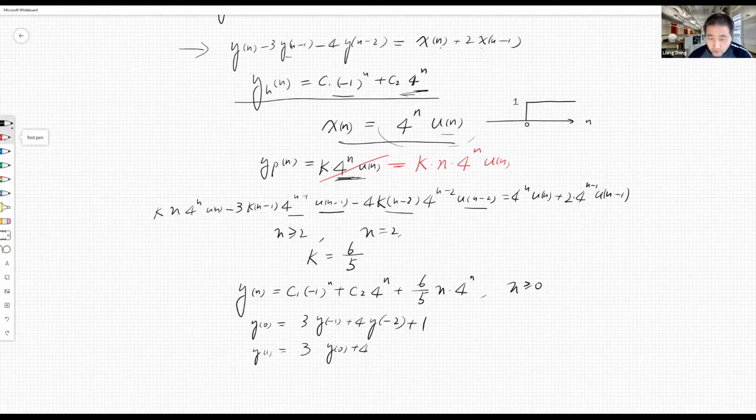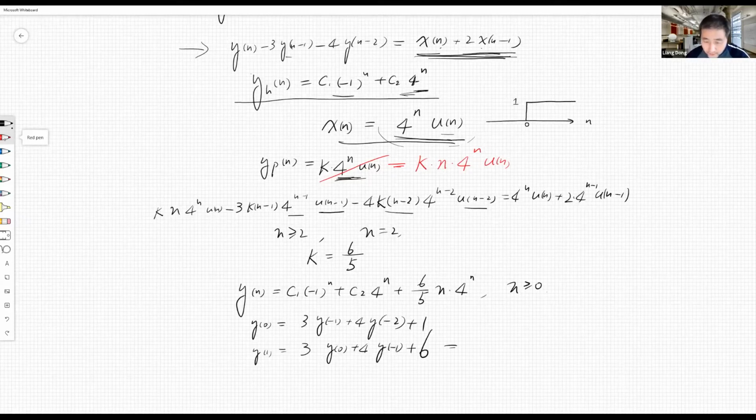Plus 4 y[-1], plus when n equals 1, so you plug in here, x1 is 4. x0 is 1, so you times 2, 2 plus 4. You got a 6 here.